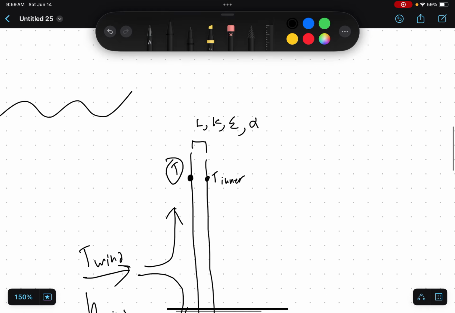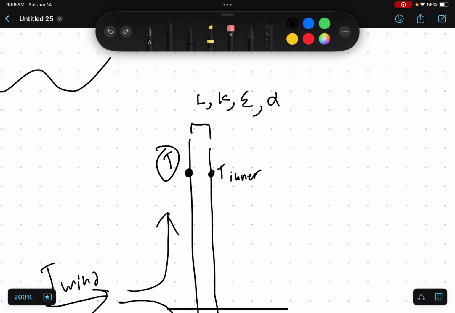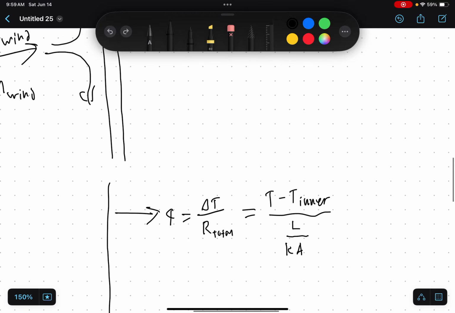So what is L? L is the thickness of the window. K is the thermal conductivity of the window. It is basically how much heat the window can absorb before it heats up by 1 degree. And you could literally Google it. It's a constant that you can find online.